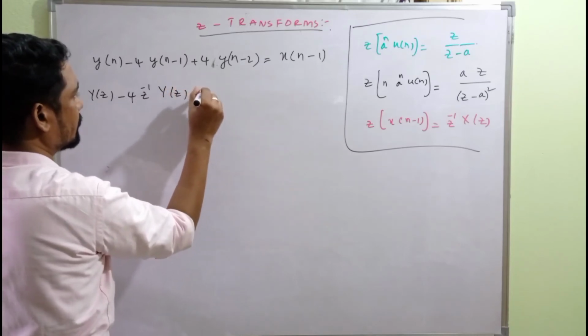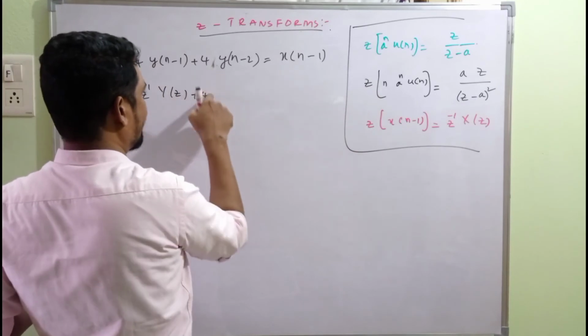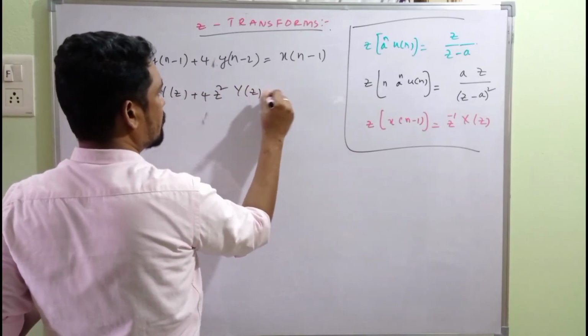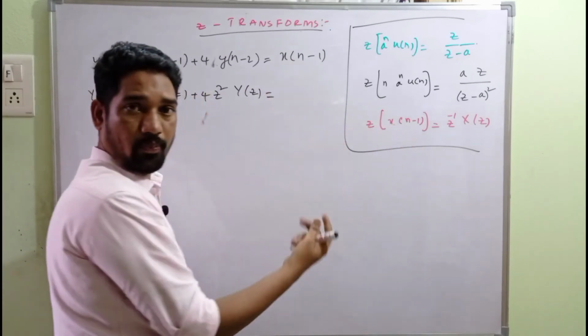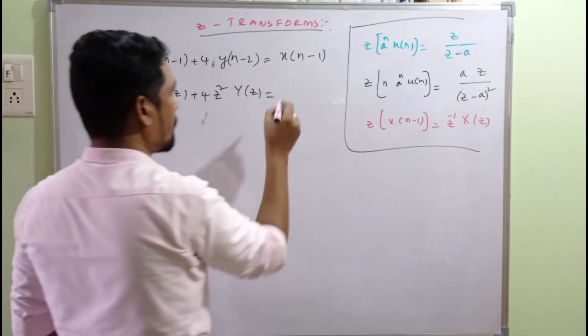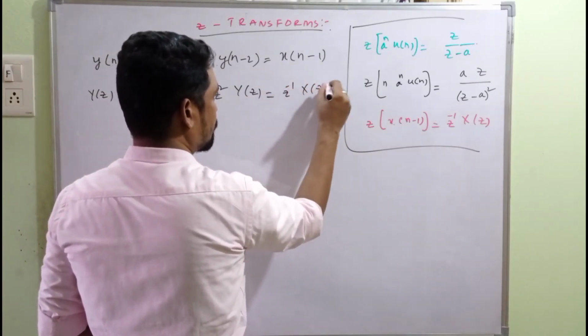That's it, plus 4 times, the same way, 4 as it is, z raised to minus 2 y of z, which is equal to, once again, that very property. By default that has come out, thank God, I don't need to struggle much. So it's z raised to minus 1 x of z.